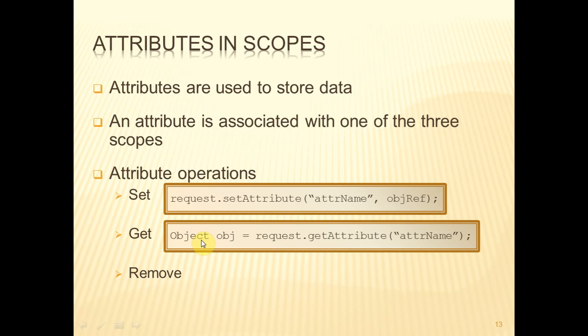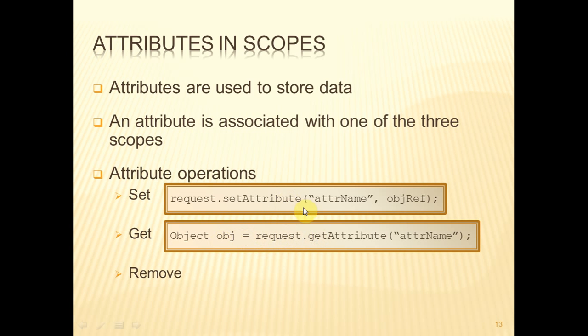Therefore, this reference, obj, can refer to absolutely any type of object, an object of any class. And so that's how getAttribute returns the reference.